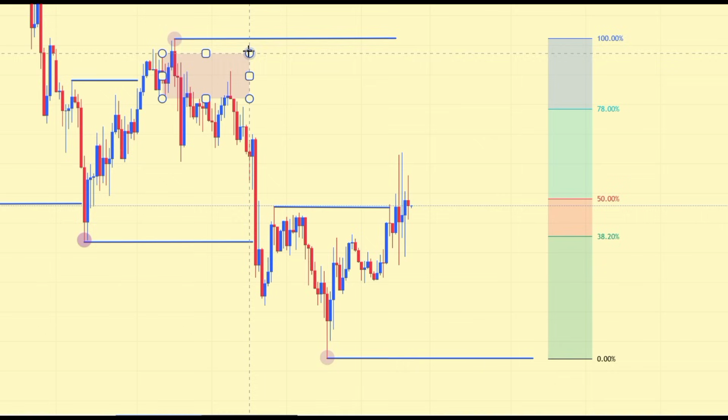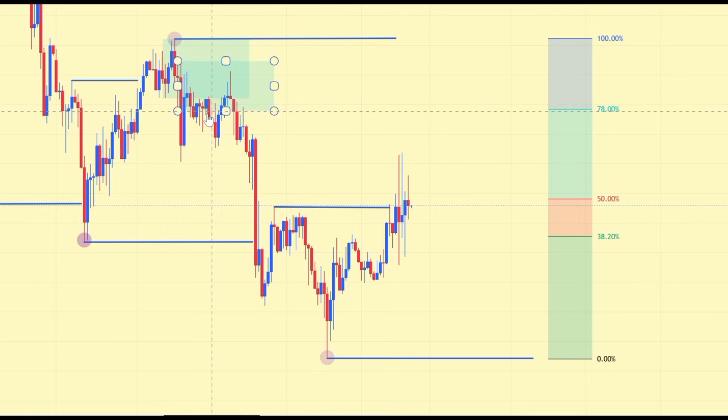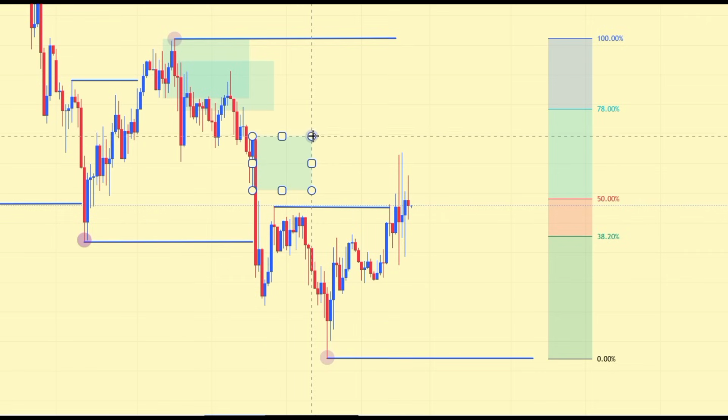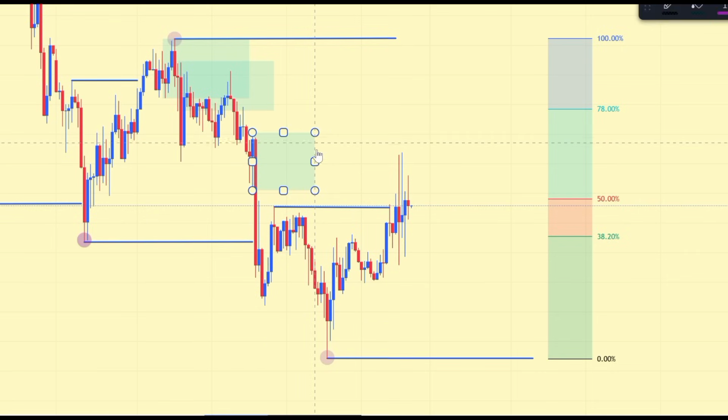So right now I can clearly see that this one here is the extreme order flow and it's already mitigated. And if I check for another order flow, I can clearly see this one here, and this order flow is not mitigated because this candle engulfed all this, and this here is the decisional order flow.